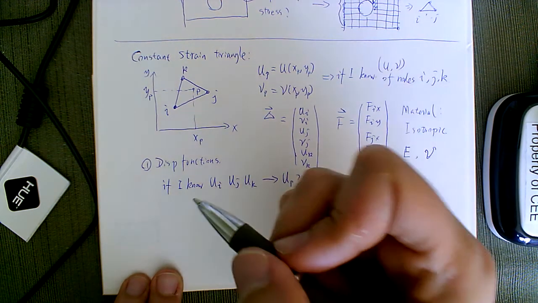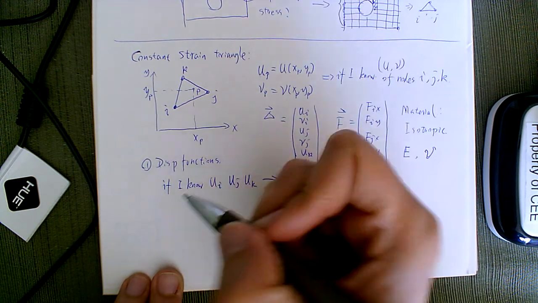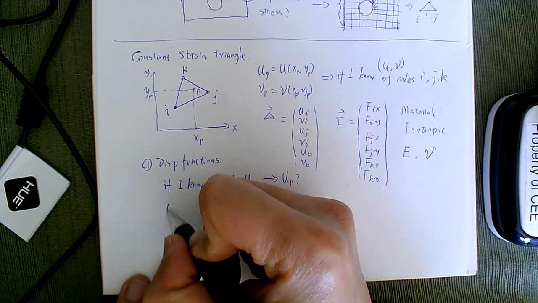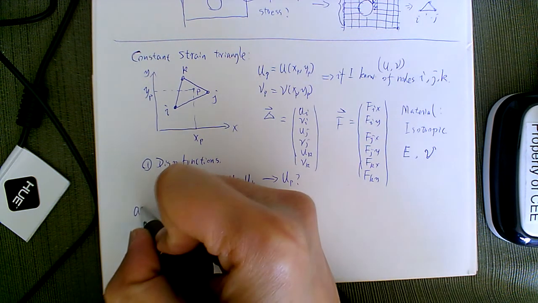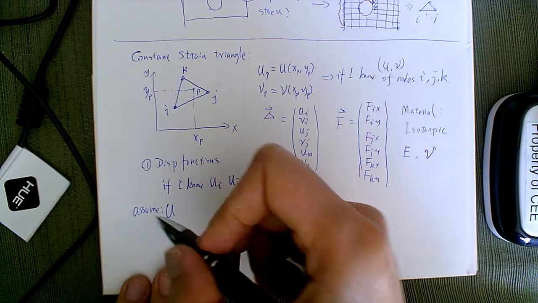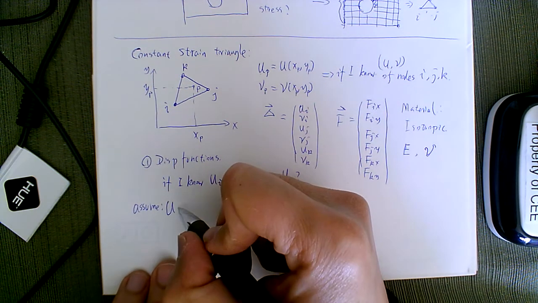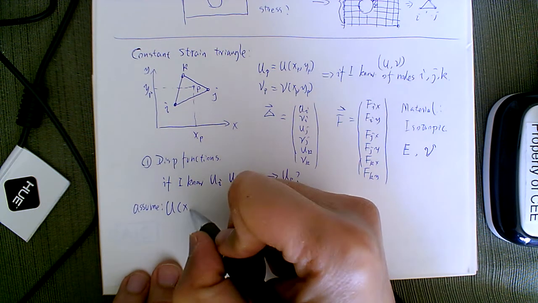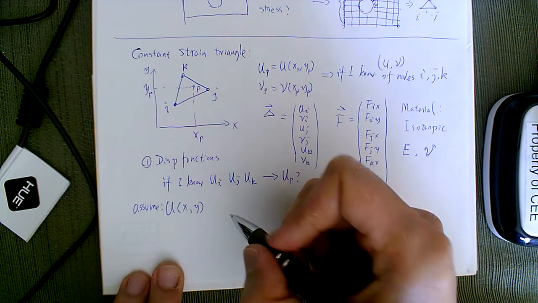Now we're working in 2D, so we can't just do u of x. We actually have to do u of x, y.